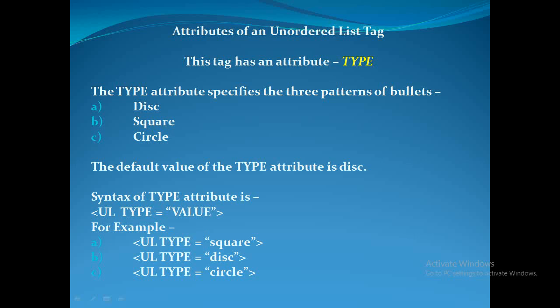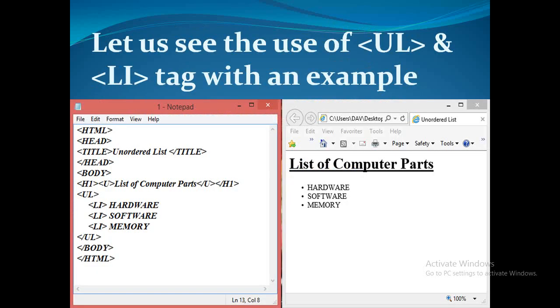That means if we do not use any type attribute with a particular unordered list, for example in the previous program which we did just now, here I had not used any attribute with the UL tag, but these bullets come automatically.